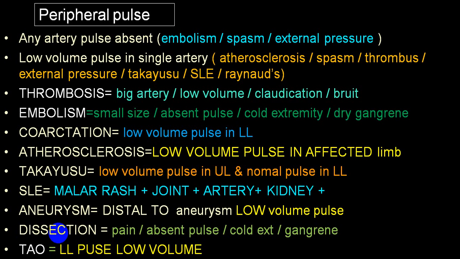In a case of TAO, it mainly involves the lower limb blood vessels, may be unilateral, may be bilateral, and it may be unequal. Hence, pulse in one of the limbs may be more involved as compared to the other limb. So you will have a disparity between the two limbs. But whichever artery is involved, pulse will be of low volume, and distal to that, you will have a blood pressure being diminished.